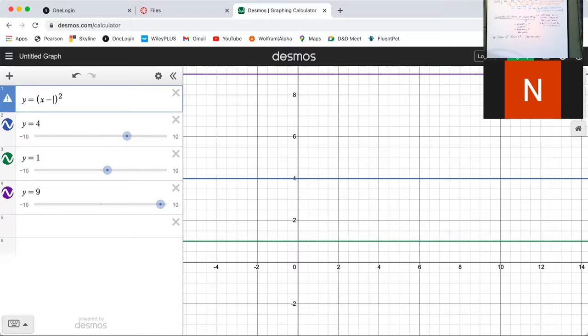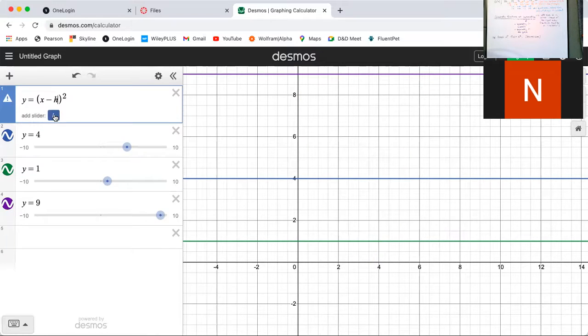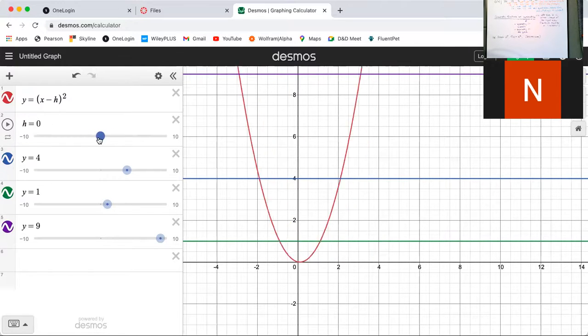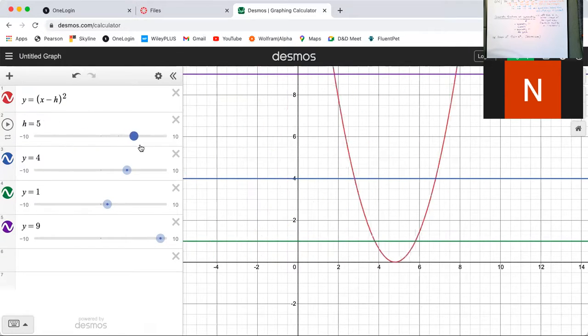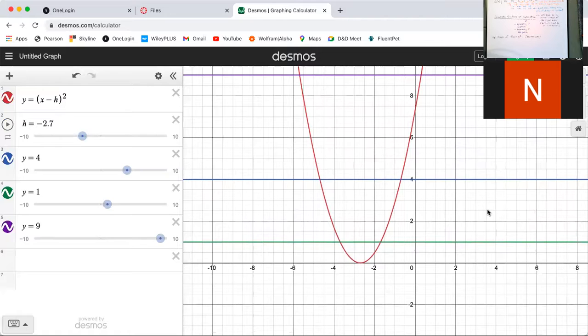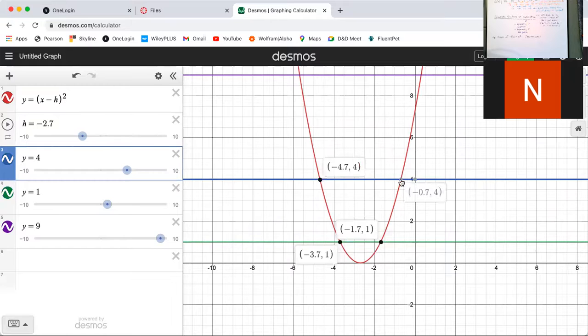And if I change this to x minus h squared, I can just slide this graph back and forth, and whatever value I put in for h, I get points evenly spaced with the same y's.